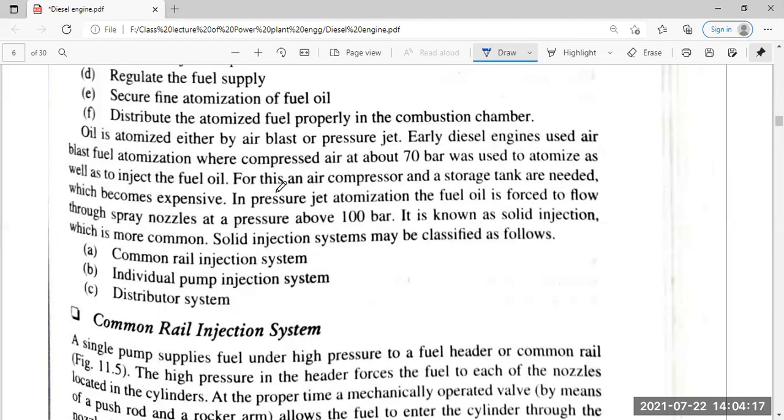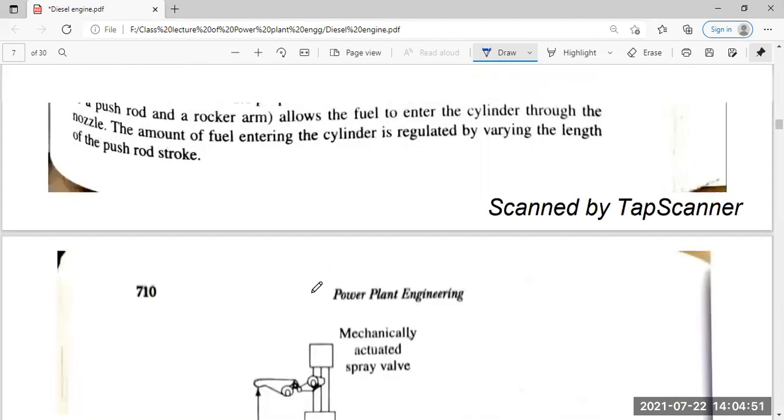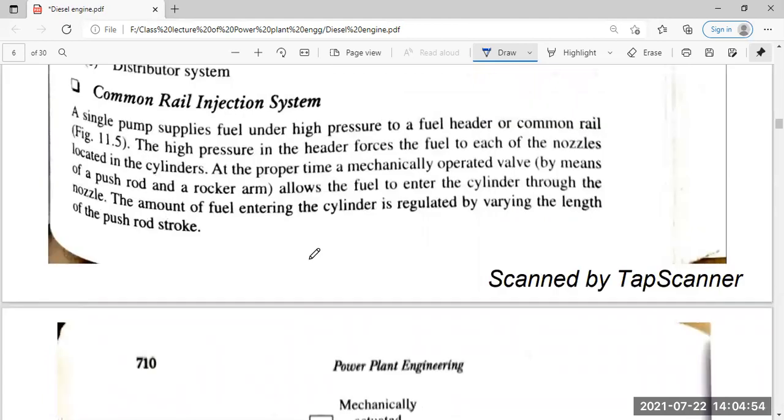In pressure jet atomization, the fuel is forced through the pressure nozzle at about 100 bar to atomize it. Now let us discuss the common rail injection system.